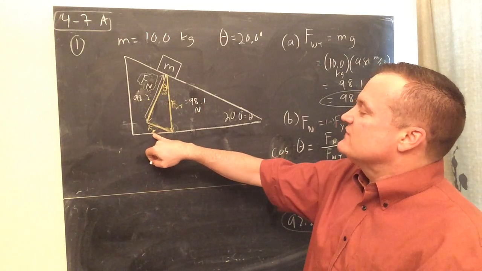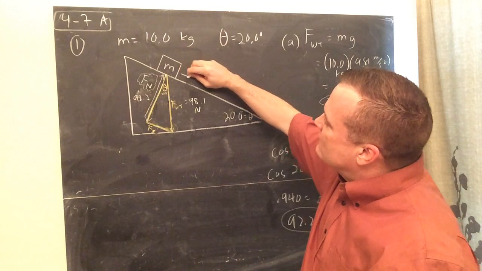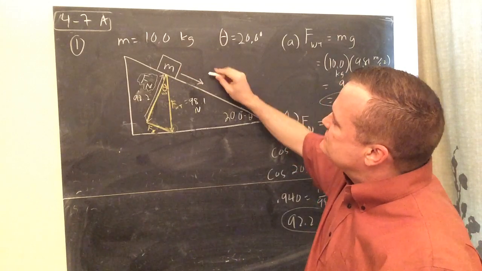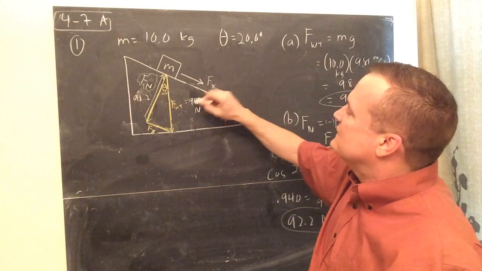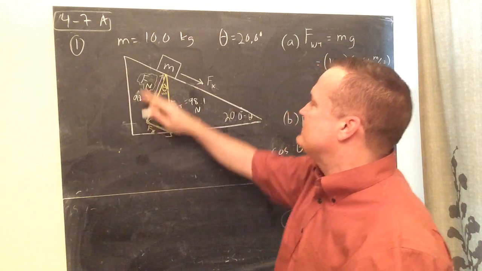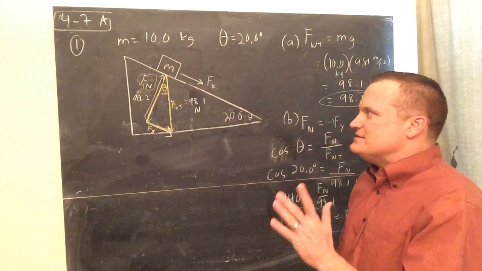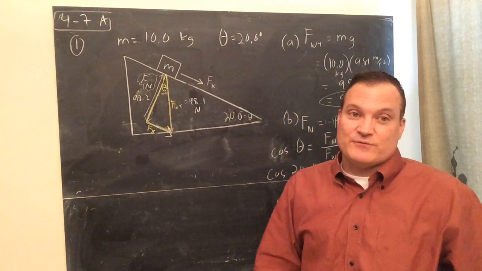Fx is the weight of the object being pulled down the inclined plane. So it's the same as this Fx. Here's what it means. You might not be able to lift this box. It might be way too heavy for you.